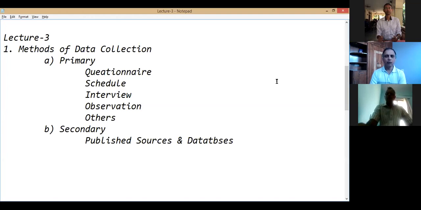So when we go for the data collection, here science and social science will differ. Science will take the route of experimentation, while in social science, we have two methods, either a primary method or secondary method. The various tools in the primary method or primary data collection are questionnaire, schedule, interview, observation, and other methods.